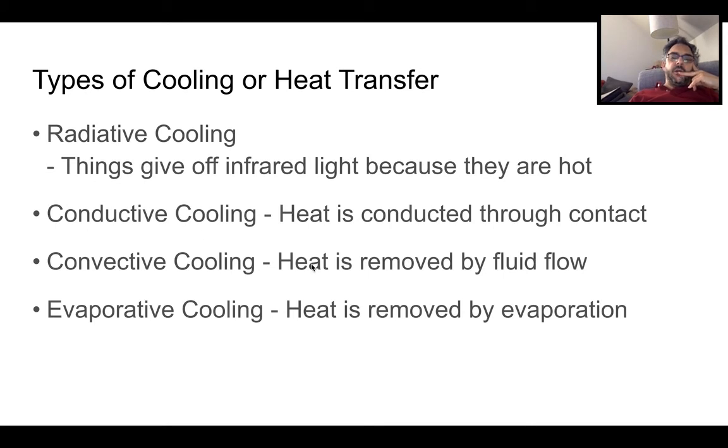Convective cooling, where you are moving a fluid over a hot object and cooling it off, for example, blowing on hot soup or something like that. And evaporative cooling, removing heat due to evaporating water. This happens with perspiration. I'm going to primarily focus on conductive cooling.